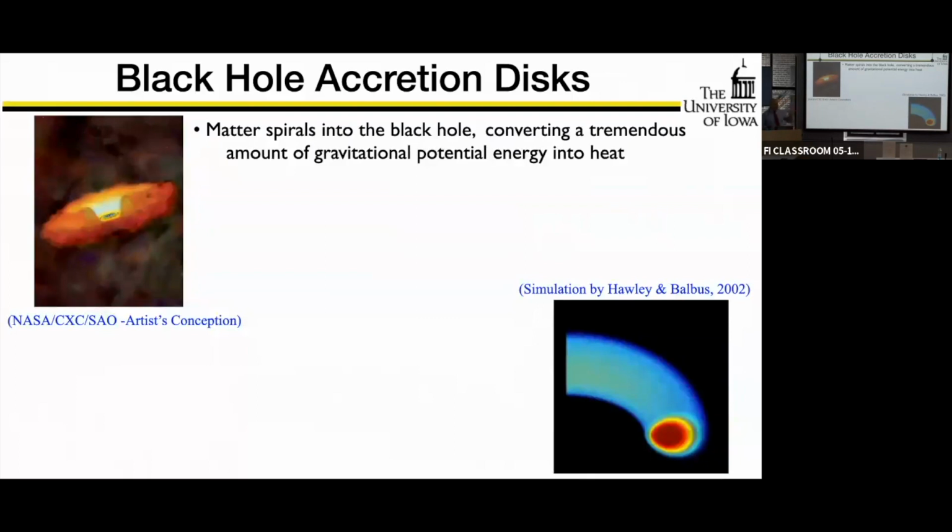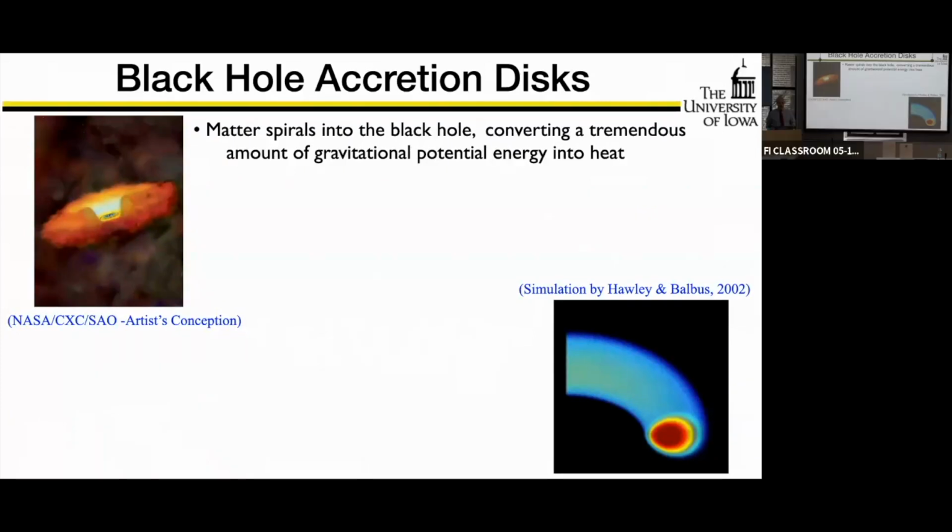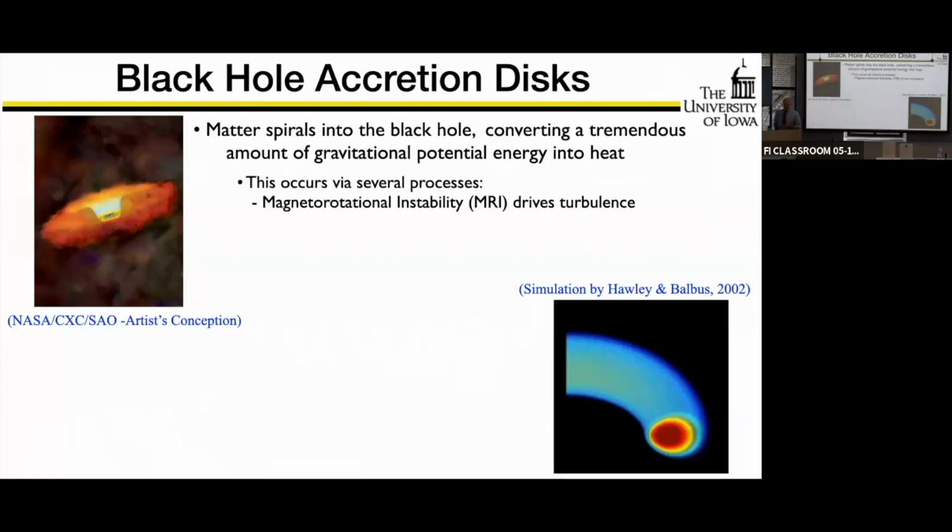And up on the upper left, there's an artist's depiction of what a black hole accretion disk might look like. And in this system, of course, we know that matter spirals into the black hole and converts a tremendous amount of gravitational potential energy into heat. But it does this via several processes. First, in that differentially rotating accretion disk, the magnetorotational instability can drive turbulence.